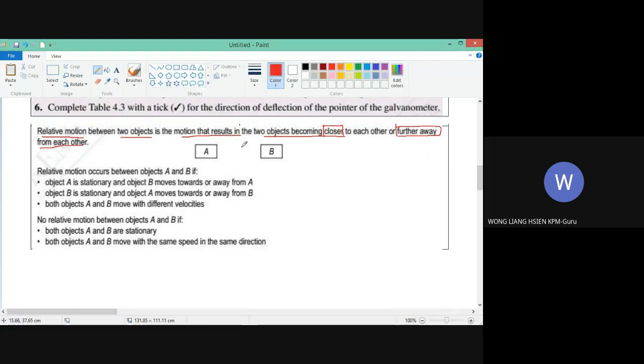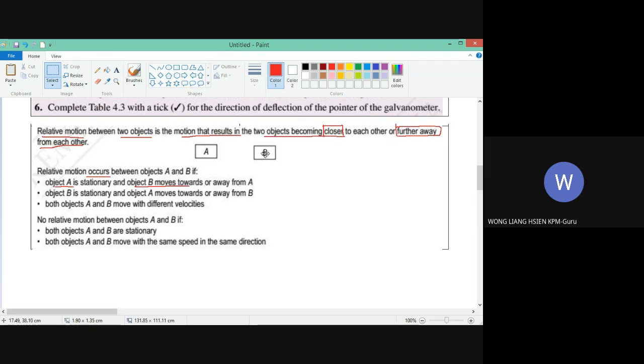For example, here we have two objects, A and B. Relative motion occurs between object A and B if object A is stationary and object B moves towards or away from A. A is not moving, B is moving, becoming closer or further away from each other.